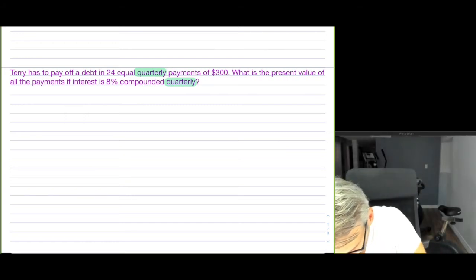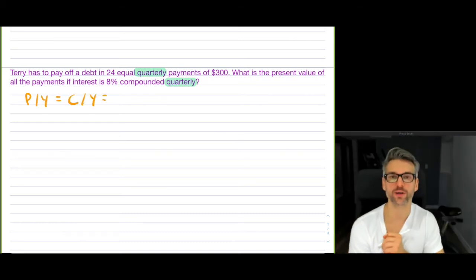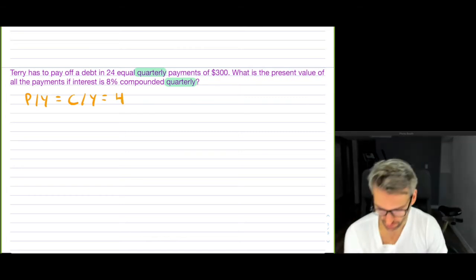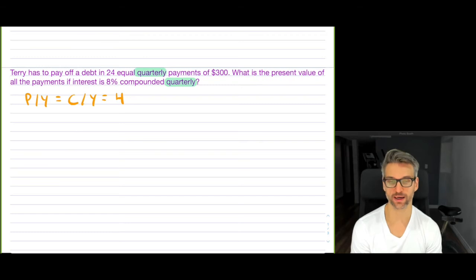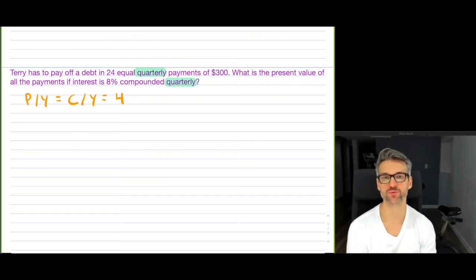So your payments per year is equal to your compounding per year. Now it is quarterly, so it is 4. That's how many payments we have within a year and how many compounding periods we have.